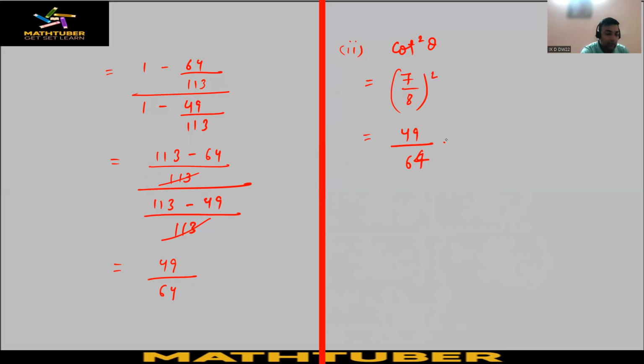Similarly, in the eighth question, we have to prove or check whether 1 minus tan square A upon 1 plus tan square A is equal to cos square A minus sin square A or not. So you just need to find out the values of tan A, sin A and cos A using the given trigonometric ratio, which is cot A is equal to 4 upon 3, right?